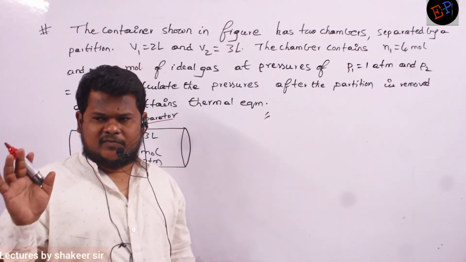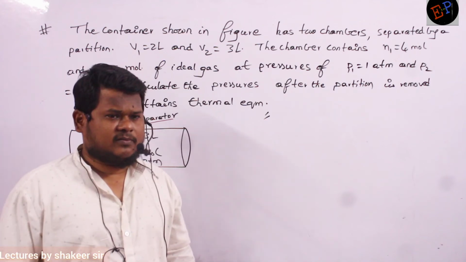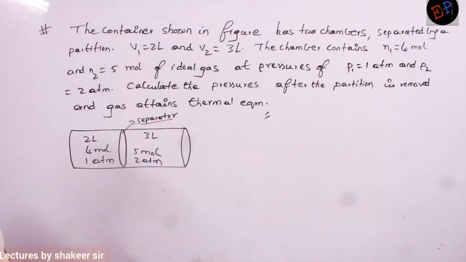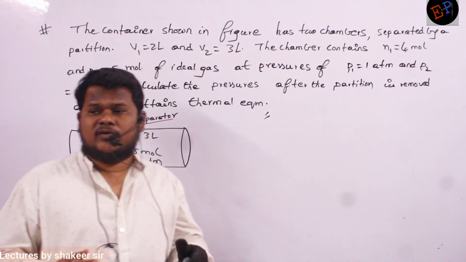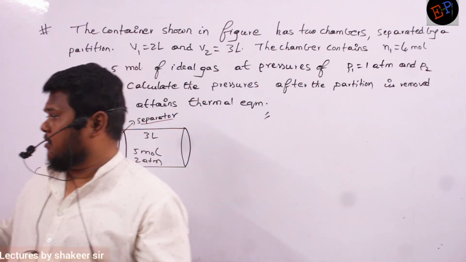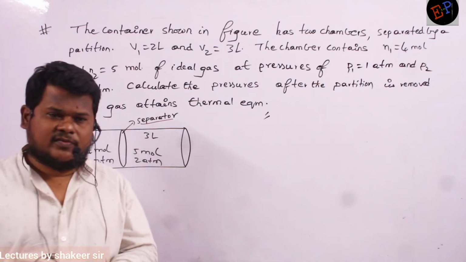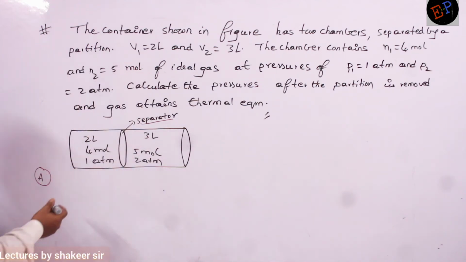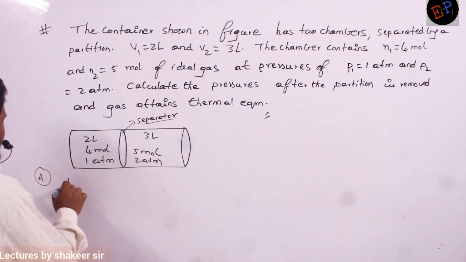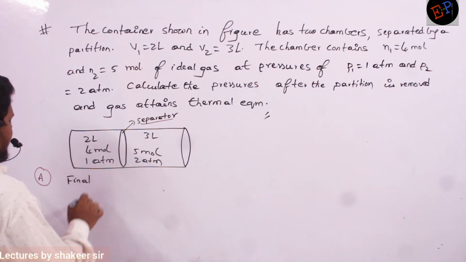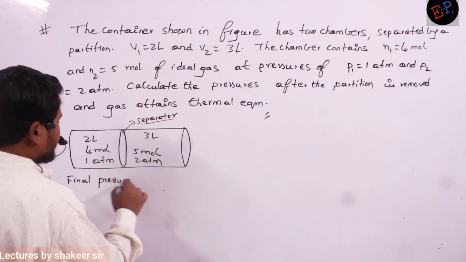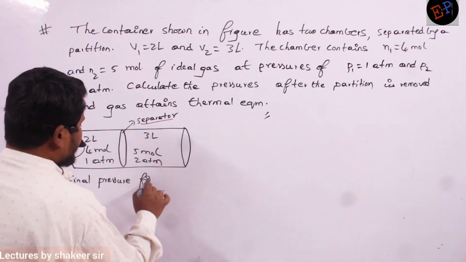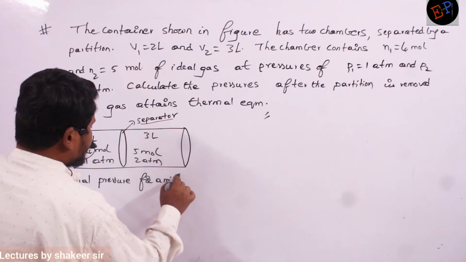So what will be that final pressure that I want to calculate? Okay. Seema, first of all, we will do a general equation. It means we will do one derivation. Based on that, then we will see what is our final answer. So this is a derivation which we are doing: final pressure for a mixture of gases.